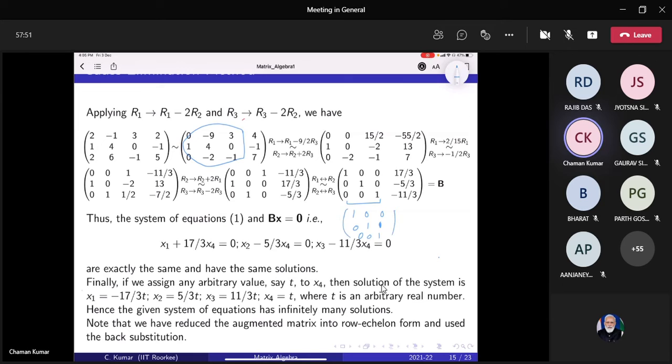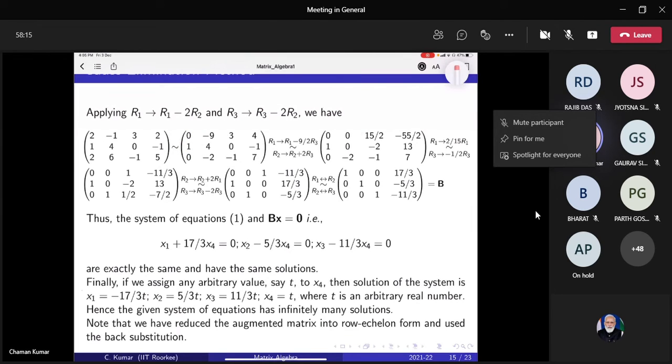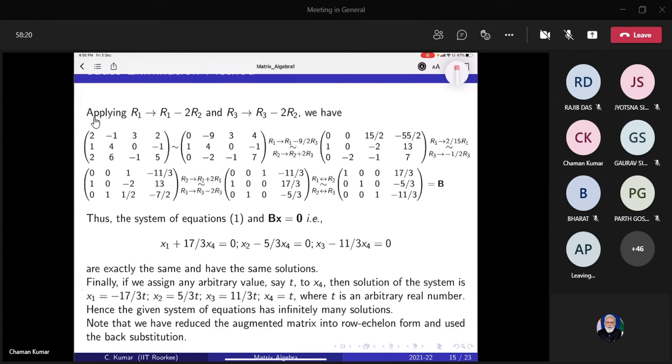This is also row echelon form because you have 1 here. But when you start making these elements also 0, then you end up with a unique one: all the diagonal elements are 1, and the remaining elements you make 0, as many zeros as possible. Mathematically, the proof is a little bit challenging. Writing is a challenge, understanding is not.